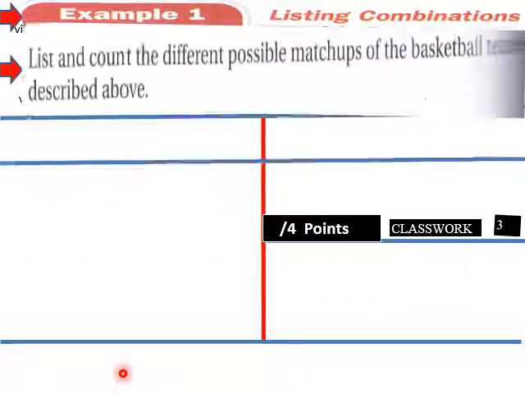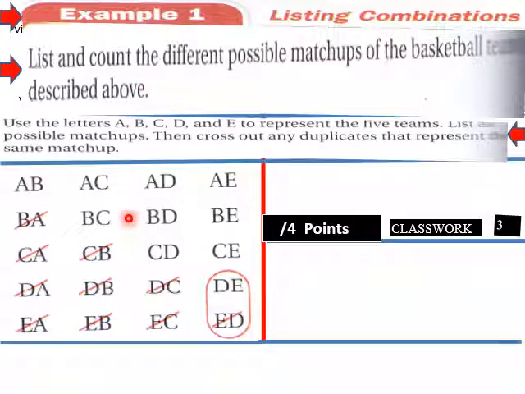So example 1: list and count different possible matchups for the basketball teams described above. You use letters A, B, C, D, and E to represent the 5 teams. List the possible matchups, then cross out any duplicates that represent the same matchup.